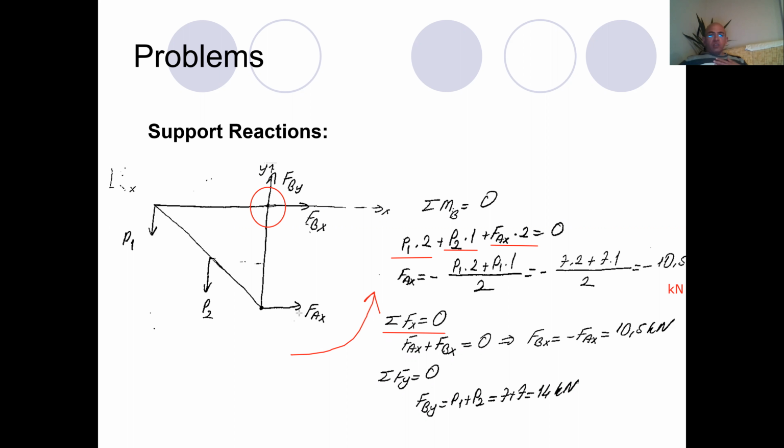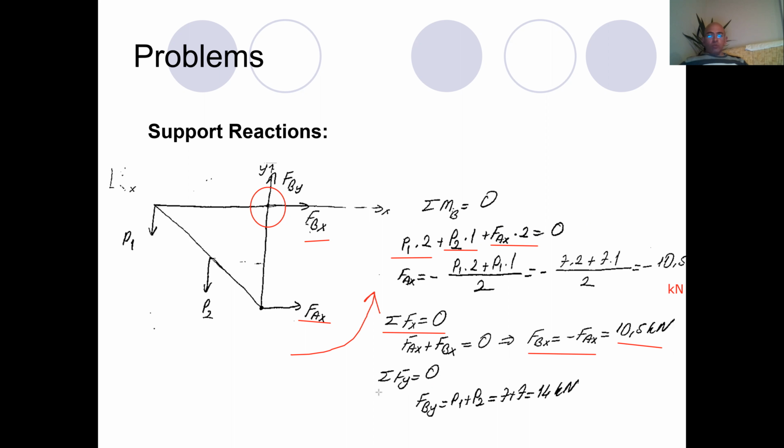Now, when we look at the X direction, we have only two forces, FAX and FBX. And from here, we can easily say that FBX is equal to minus FAX. And this gives us 10.5 kilonewtons for the FBX.